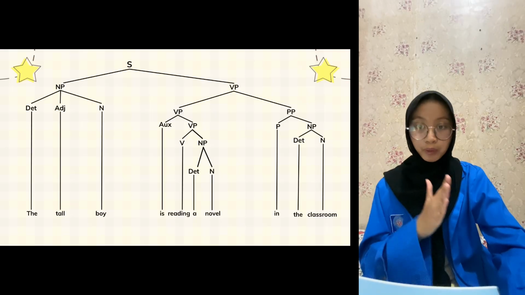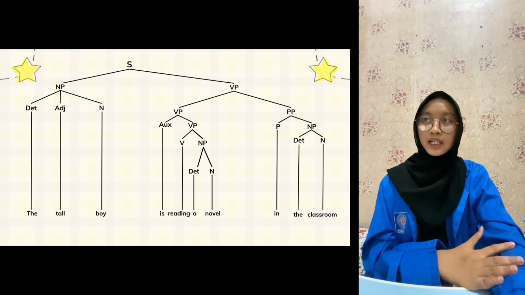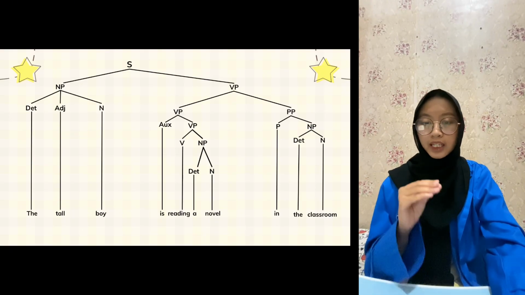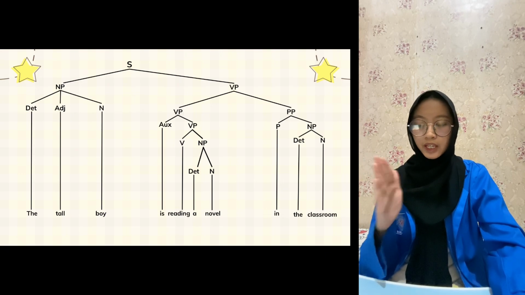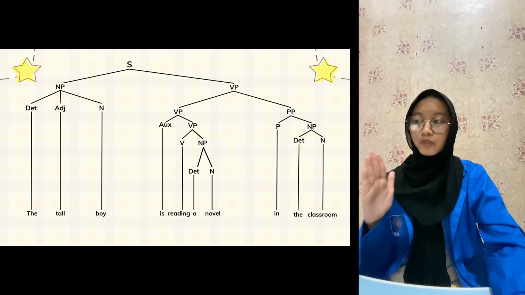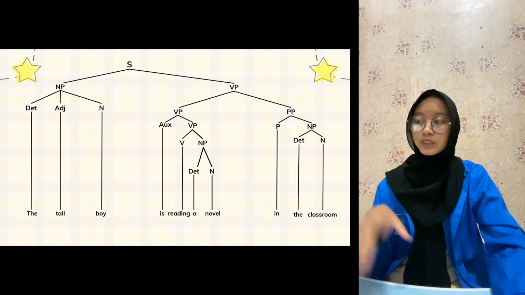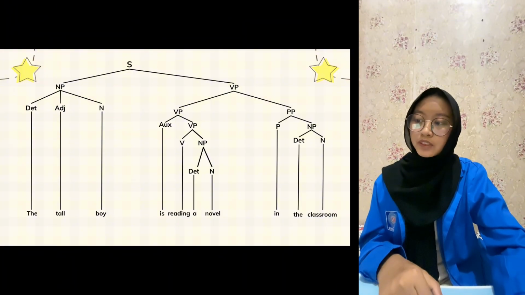So for the VP part, as I said before, it is the remaining phrase, which is reading a novel in the classroom, because the tall boy has already been categorized as the NP. So for the remaining sentence, first up for the auxiliary is the word is, and for the verb is reading.